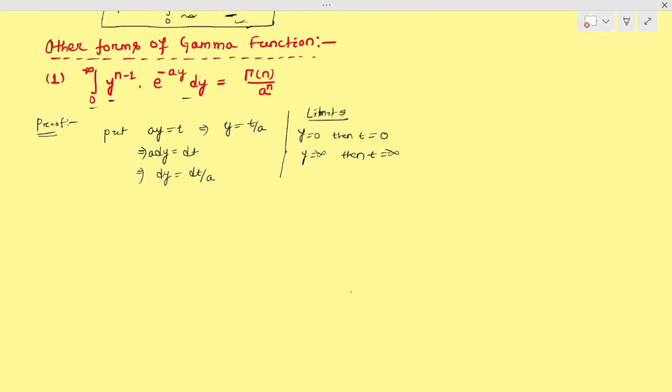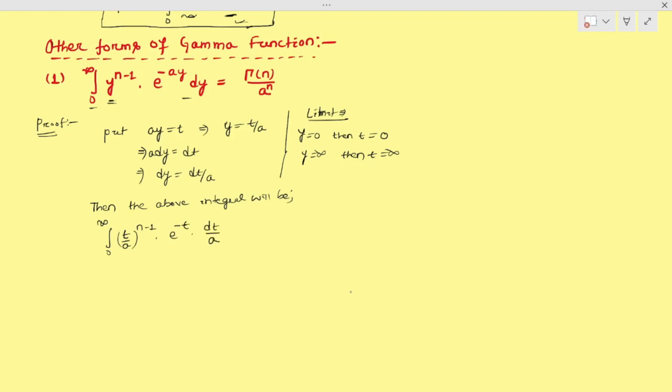Now the above integral will be the integral from 0 to infinity of t by a to the power n minus 1 into e to the power minus t, with dy replaced by dt by a.